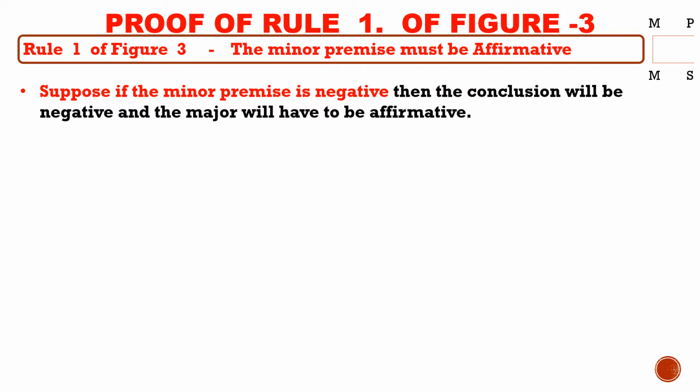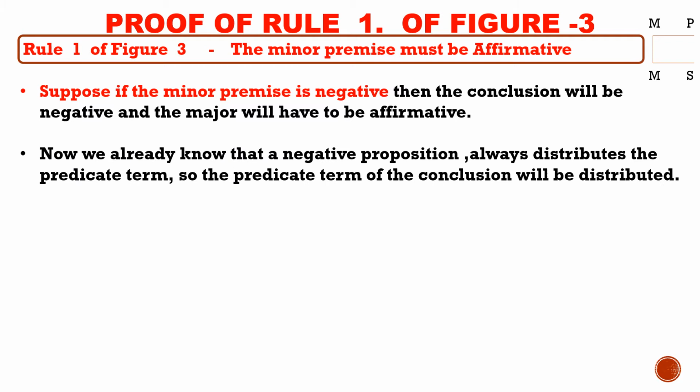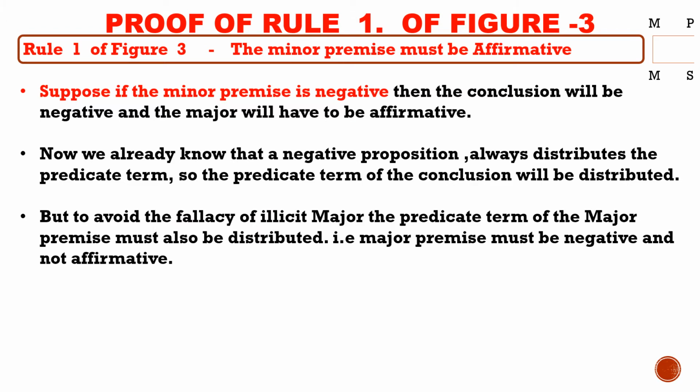And we already know that in a negative proposition, the predicate is distributed. So obviously, in the conclusion, the predicate will be distributed. So it has to be distributed in the major premise to avoid the fallacy of illicit major.